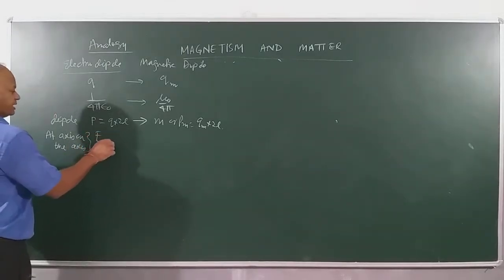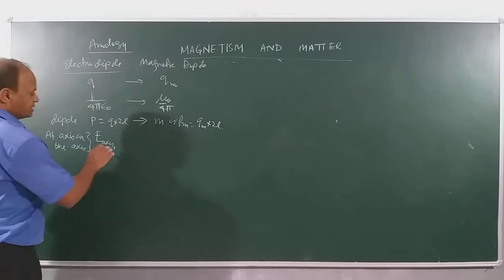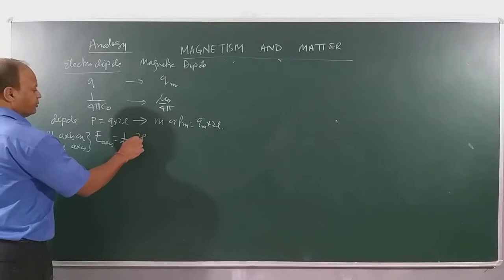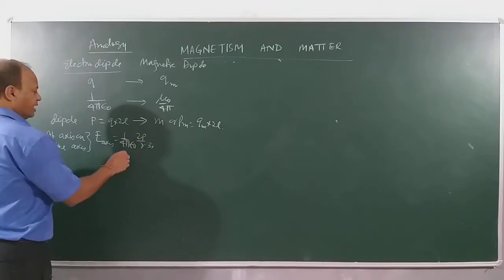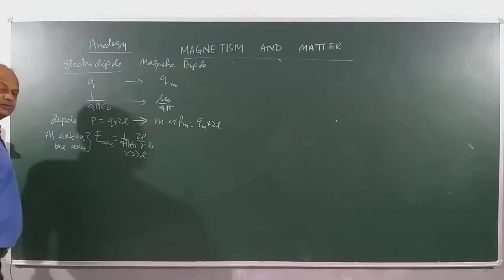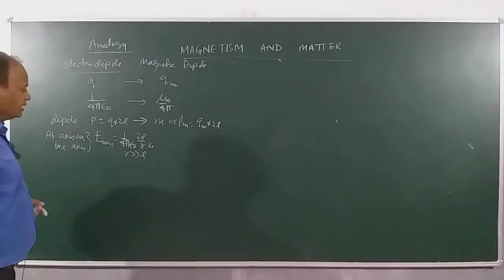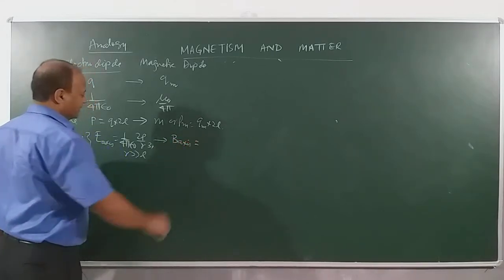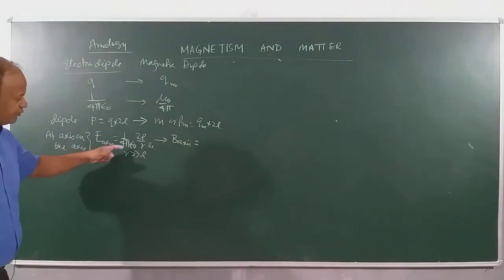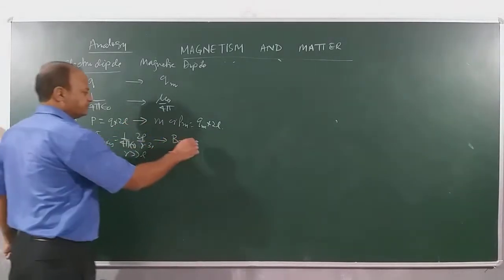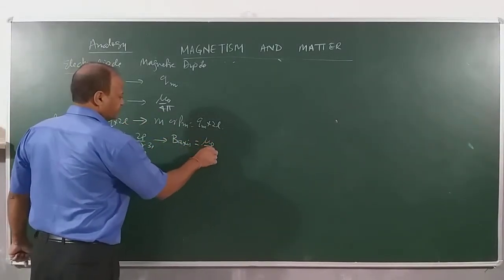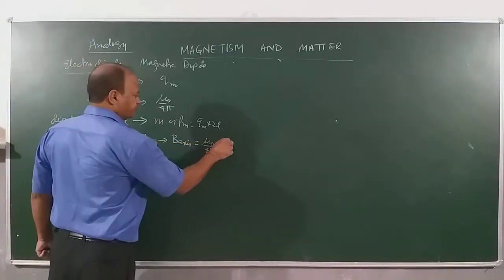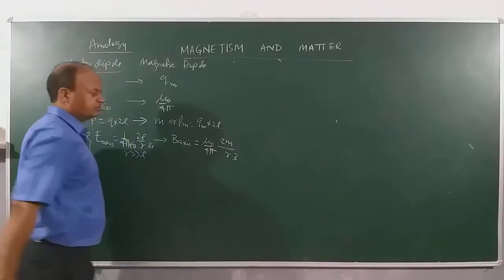Electric field at a point on the axis is 1 by 4 pi epsilon naught 2p by r cube, if r is very large compared to L, right? Now if I seek its analogy, magnetic field at a point on the axis due to a bar magnet, then 1 by 4 pi epsilon 0 is mu naught by 4 pi, right? And 2p is similar to M by r cube. Very easy to relate.